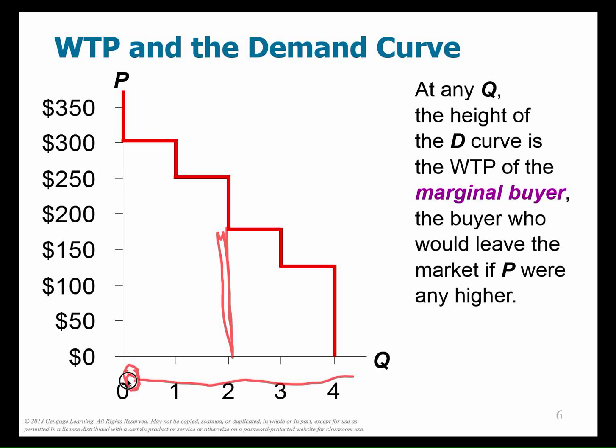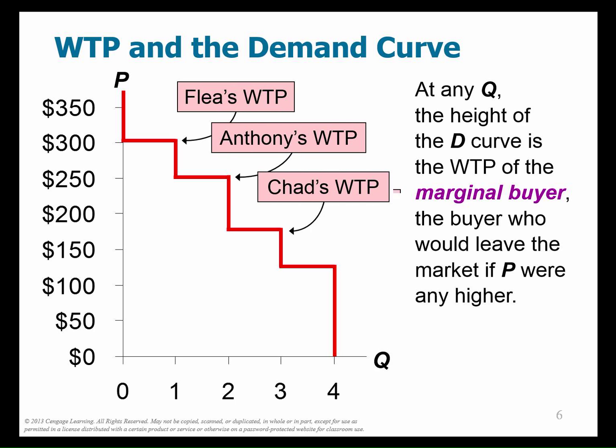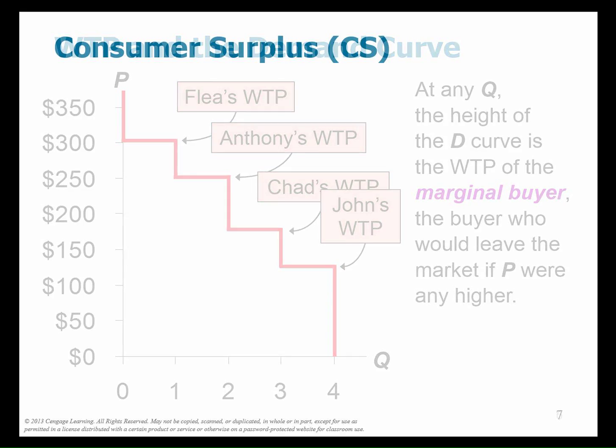These guys over on this side want to pay for the good even more. These guys over here don't care quite so much about it. Then I can look at any person, go up to the demand curve, and that tells me how much they're willing to pay for the good. This is really important because it gives me an idea about how much they really care about that good, because how much they pay is related to how much they care. So you see we have the willingness to pay of these 4 different guys.